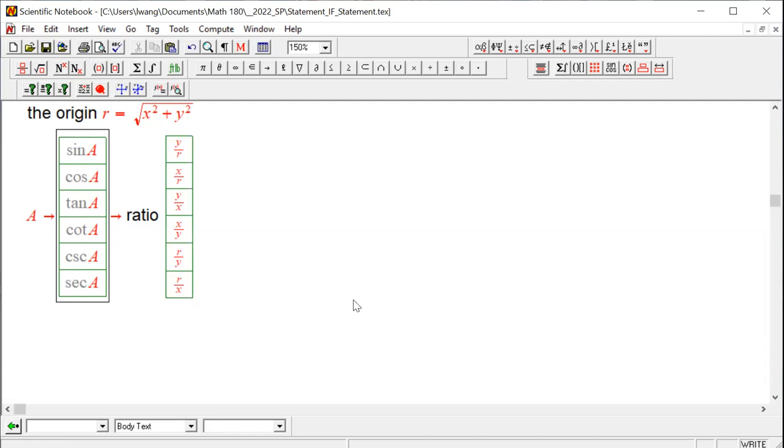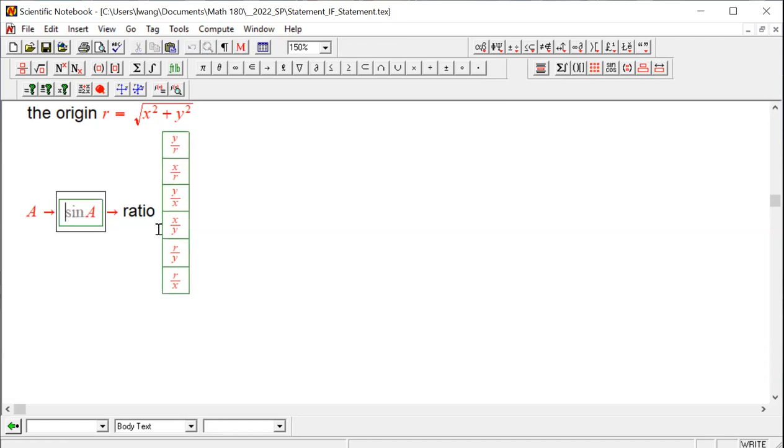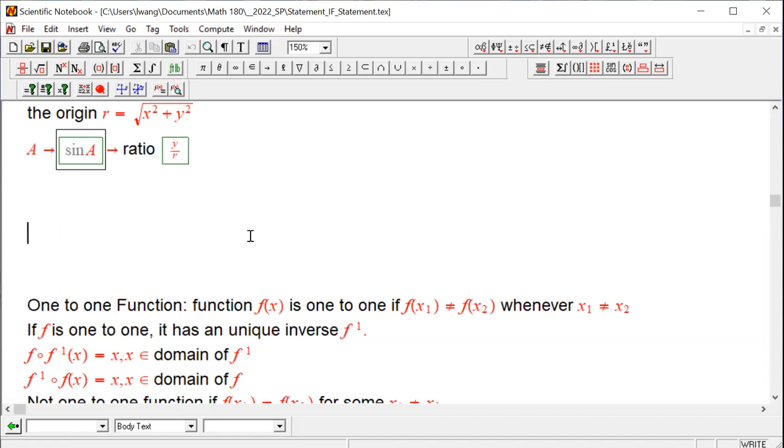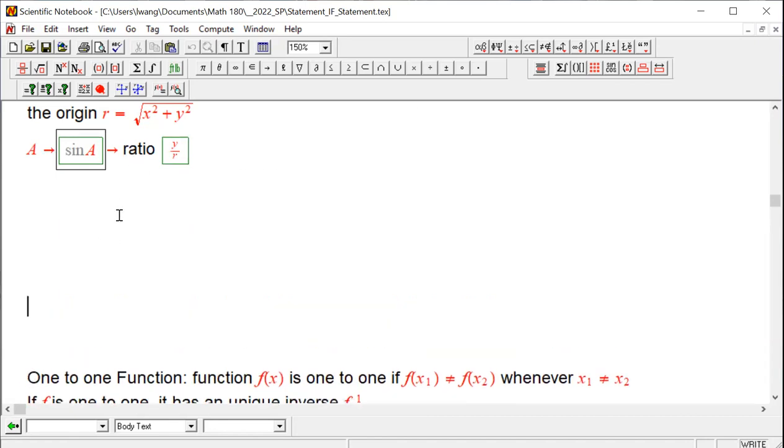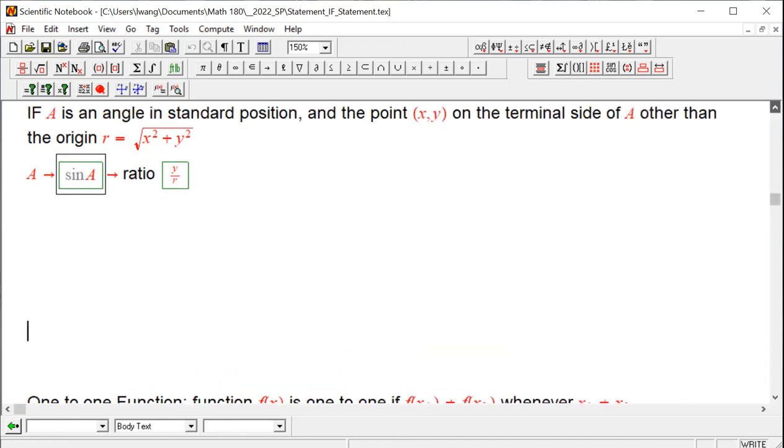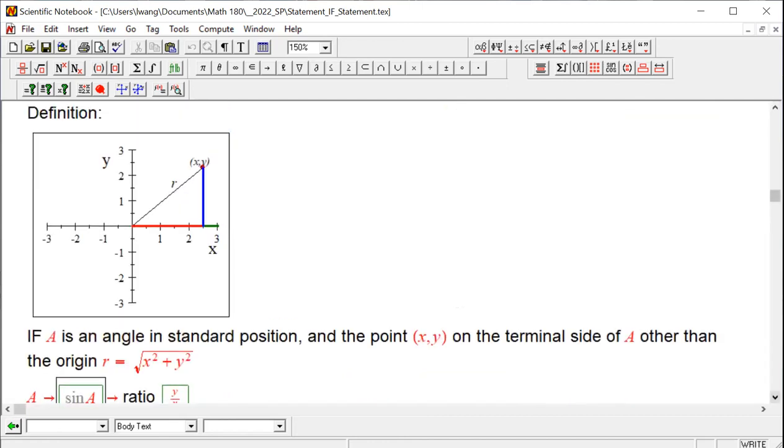Now we're dealing with sine. So I'm going to remove all of these. The ratio is y over r.